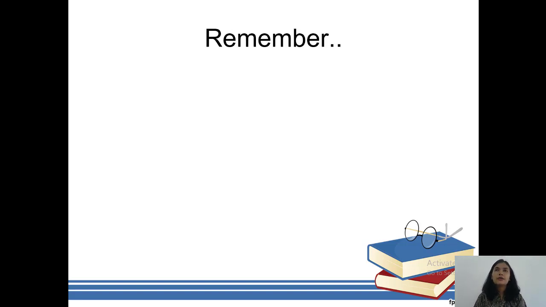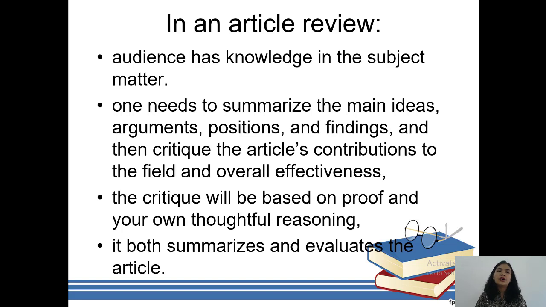If you still remember, last week we were talking about identifying elements in a critical review, and for this week you need to be able to write and examine a critical review. Then I would like to make sure that you remember this.